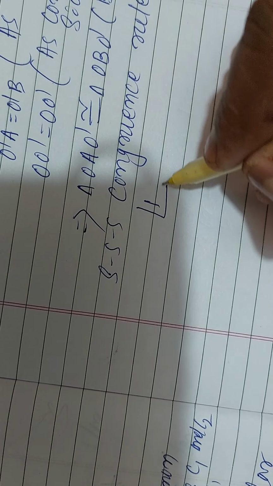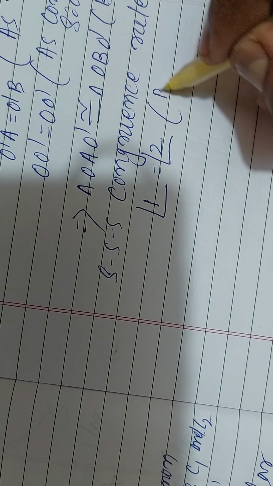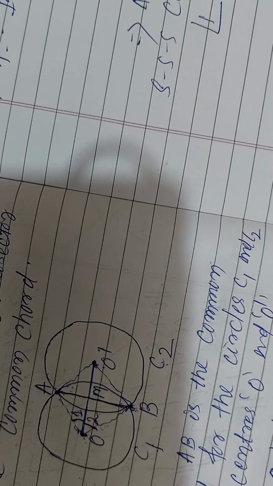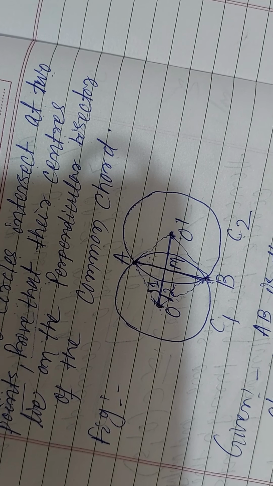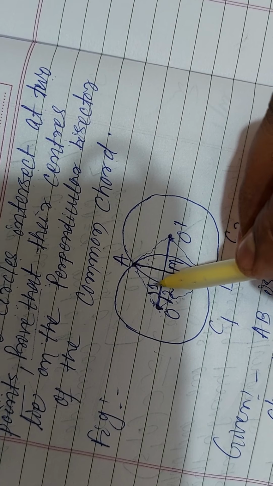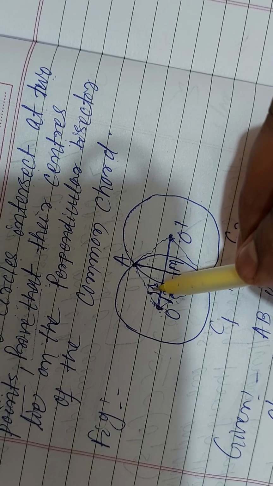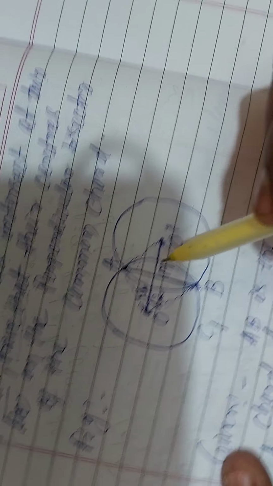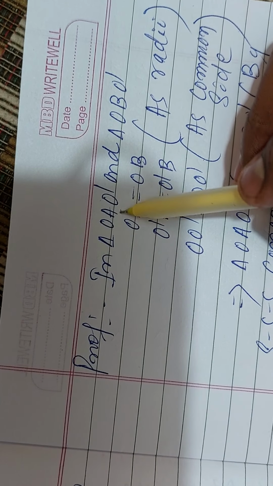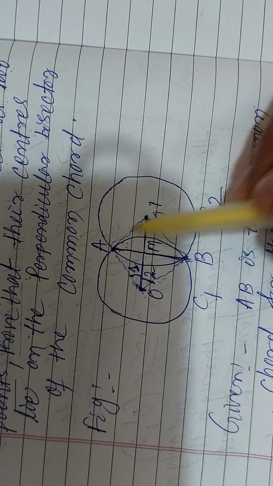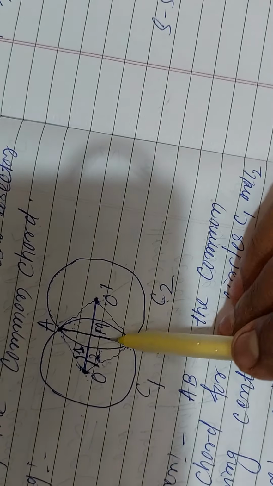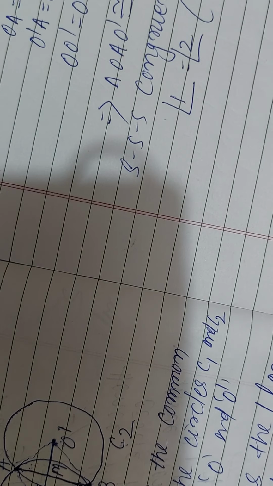So angle 1 is equal to angle 2 by CPCT, corresponding parts of congruent triangles. To equate these two angles, we compared triangles OAO dash and OBO dash, which are congruent by SSS congruence rule.